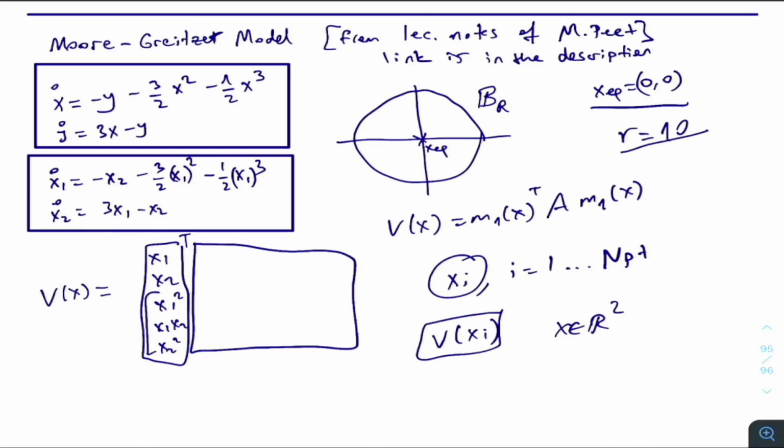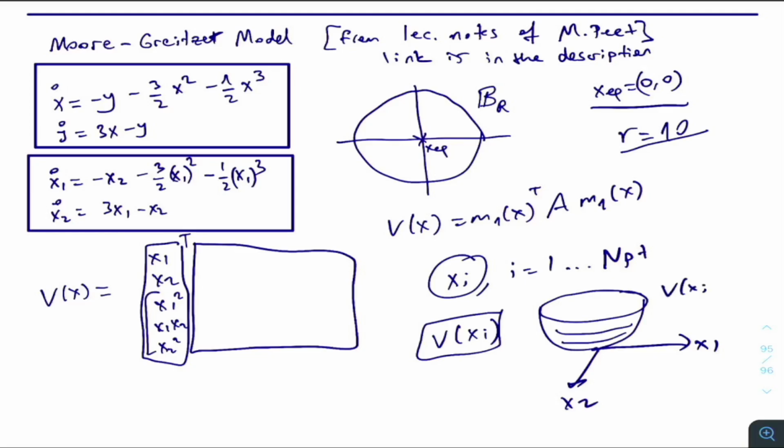You're just going to plot V of xi, and probably you are going to see something like this, like a convex V of xi. And this is not going to be a continuous one, but points, just points.